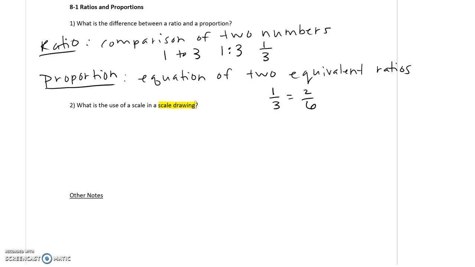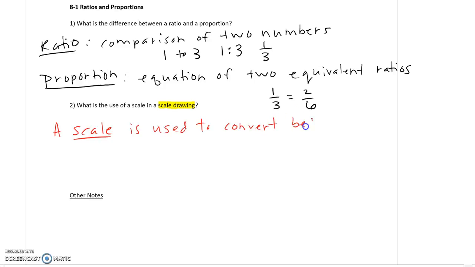But the question here asks what is the use of a scale in a scale drawing. A scale is used to convert between the size of the drawing.